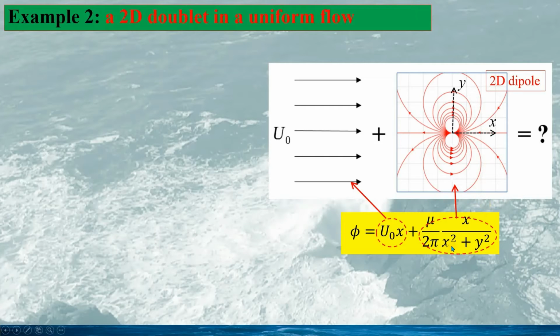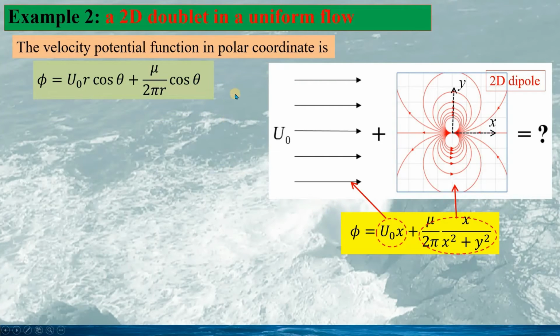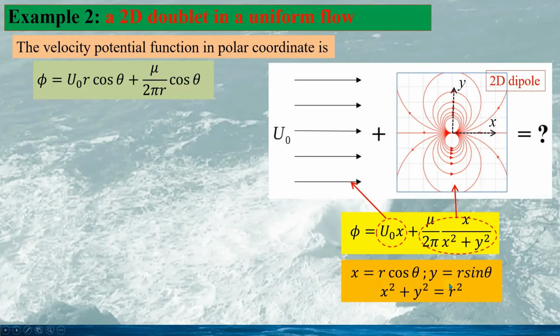the 2D dipole. And again, for this potential function, it is better expressed in polar coordinates, given as this. Here we use the transform relation between the Cartesian coordinate and the polar coordinate.